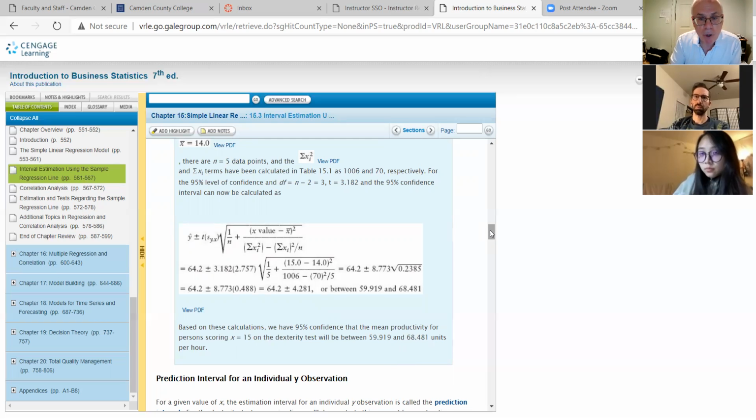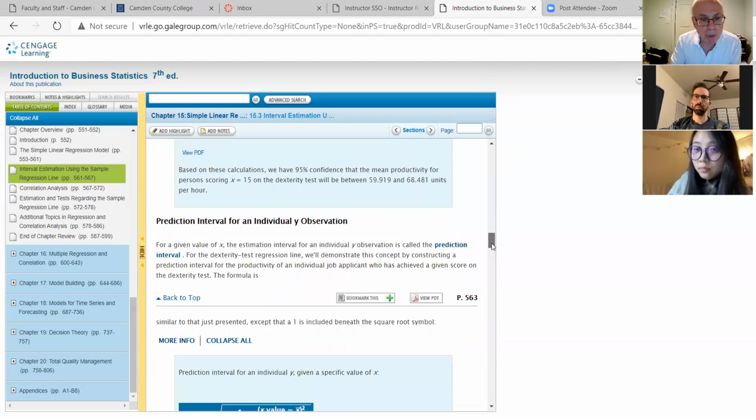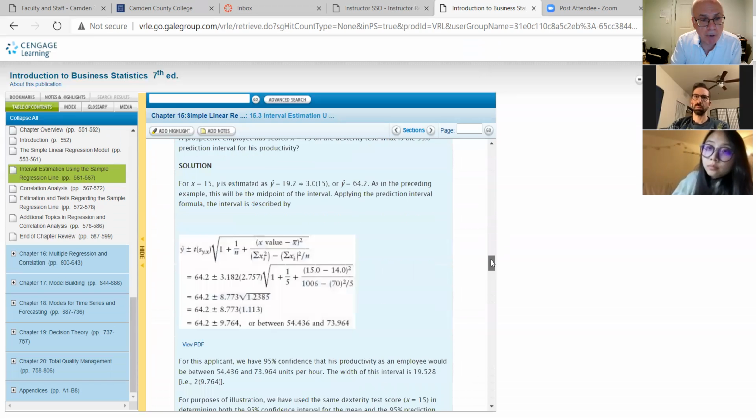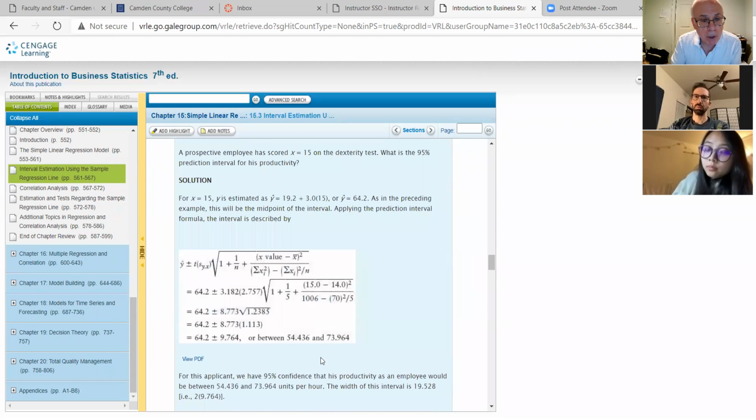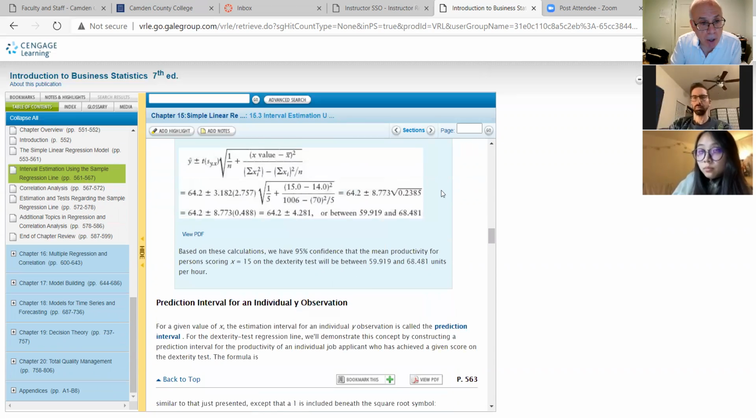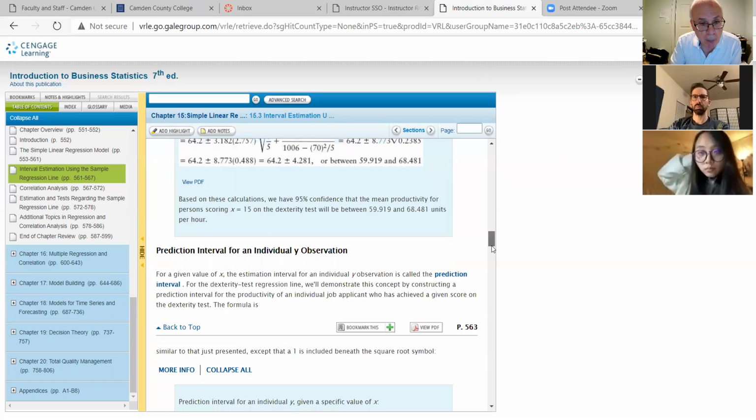However, for the prediction interval, let's look at the interpretation. It's going to be a wider interval, a little bit wider. That's because of that 1 plus inside here makes it wider. It says for this applicant, all right, so let's go back to what it said before. It said the mean productivity for all people, right?